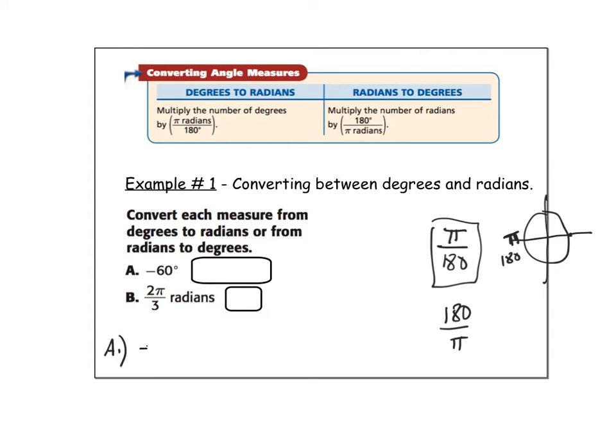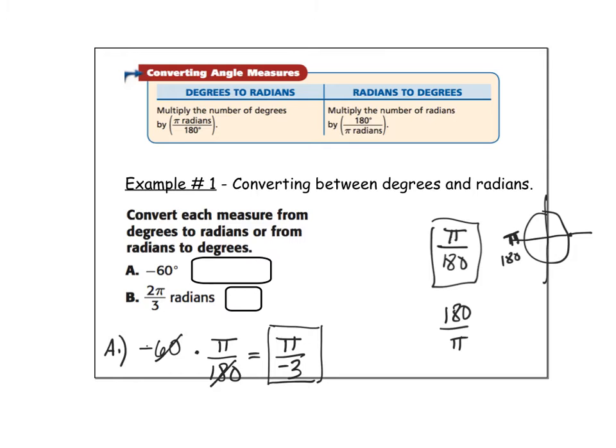So I'm going to multiply negative 60 times the conversion factor with the pi on top, because your answer will end up in pi, over 180. So negative 60 would divide into 180 as negative 3. So your answer is just pi over negative 3. You see, the answer ends up being in pi, which are radians.